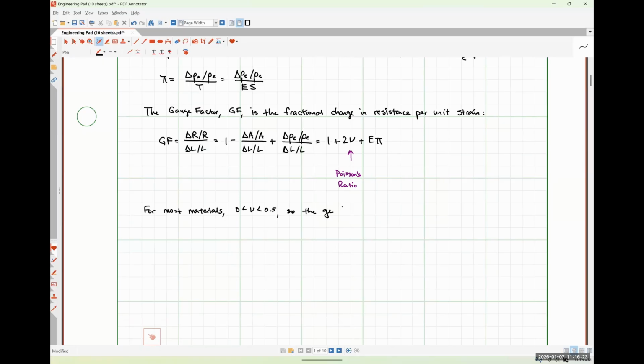So the geometric changes on the gauge factor, GF, range from 1 to 2.